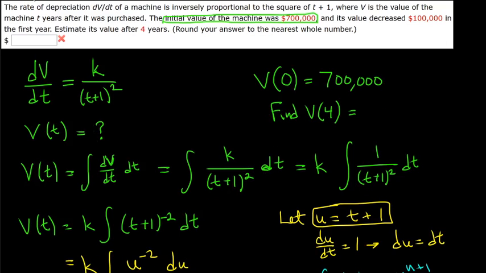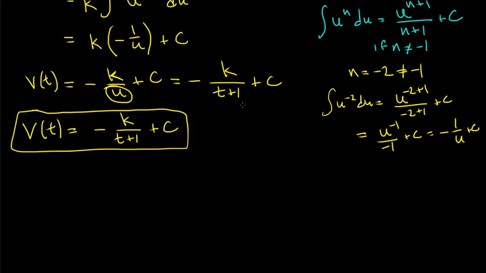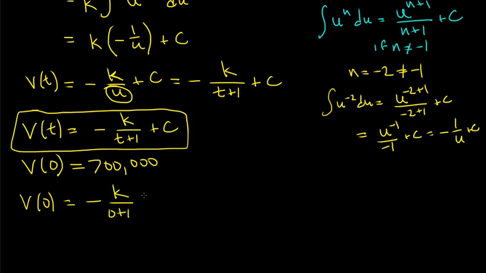But you can see before we do that, we have to figure out what k is and what c is. Okay, so let's see. What do we know? We know that the original value, v of 0, is 700,000. So if we replace t with 0, we should get 700,000. If t is 0, we get negative k over 0 plus 1 plus c, and that has to be $700,000, right?